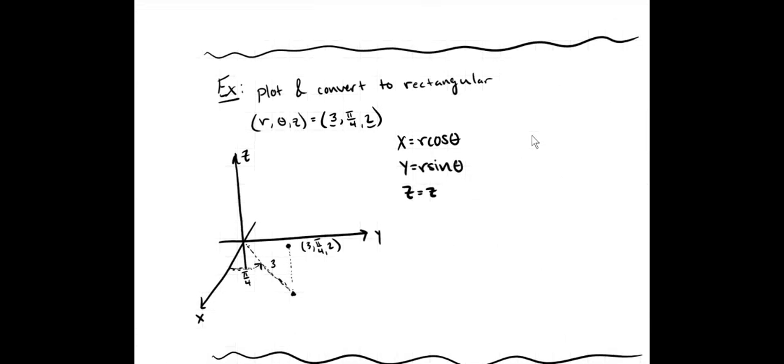So we have these nice go-between formulas. We can just plug in r and theta into these and figure out what x, y, and z equal. x is 3 times cosine of pi fourths. y is 3 times sine of pi fourths. z is 2.